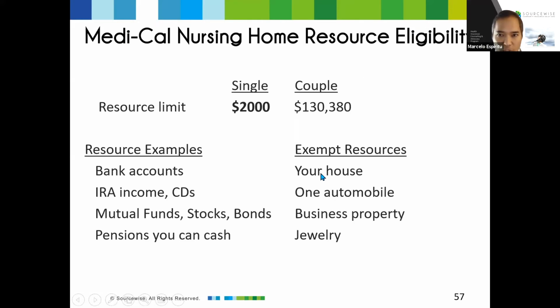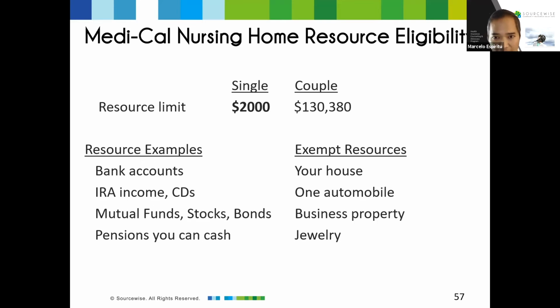Now, when we're looking at resources and eligibility, a single person who has resources of more than 2,000 won't qualify. So they have to use all their resources down to 2,000 before Medi-Cal nursing home can kick in. Couples, on the other hand, can have 130,000 in the bank for the non-needy spouse.